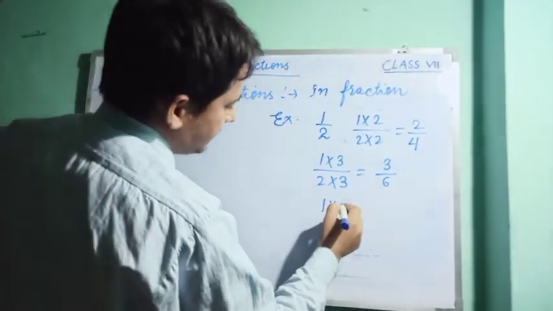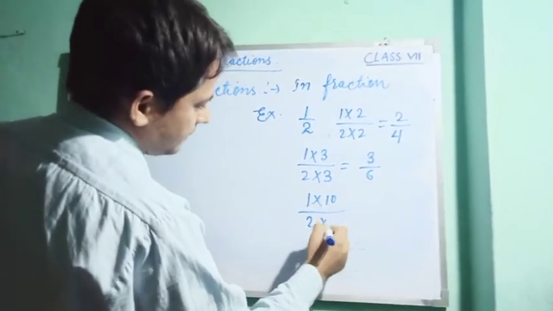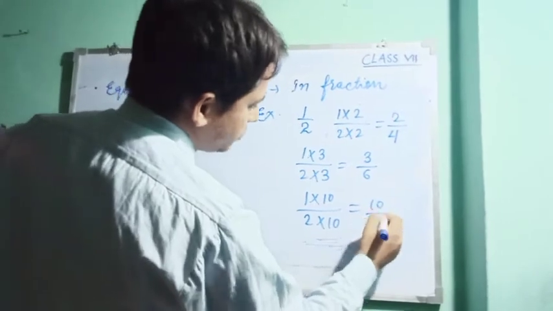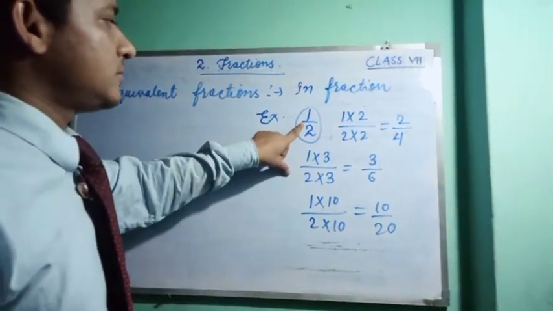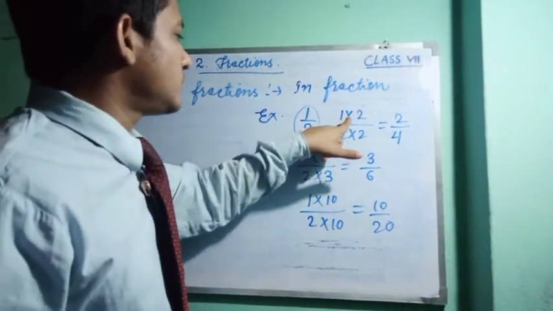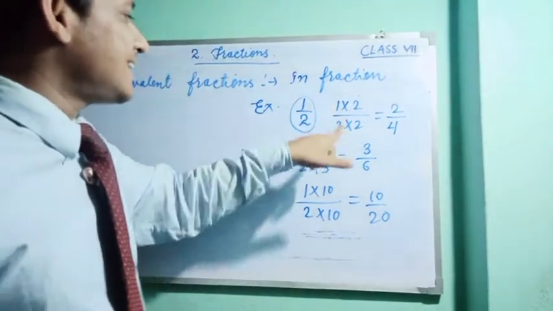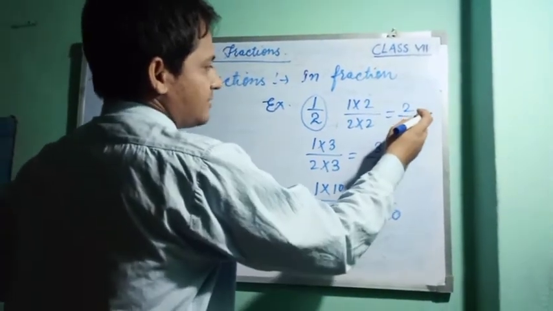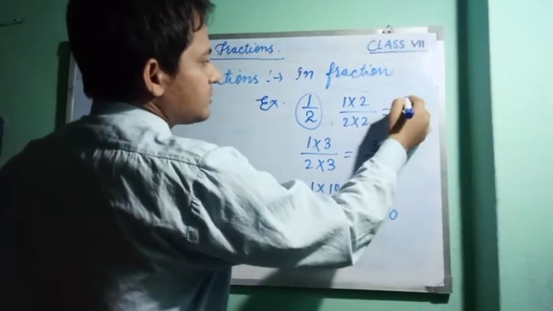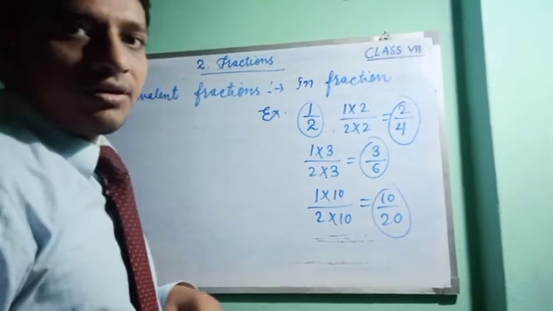If 1 is multiplied by 10, then 2 multiplied by 10 becomes 10 by 20. So here, in 1 by 2, we multiply 2 by its numerator and 2 by its denominator, and it becomes 2 by 4. This is another fraction, but it is equivalent. All these fractions are equivalent fractions.